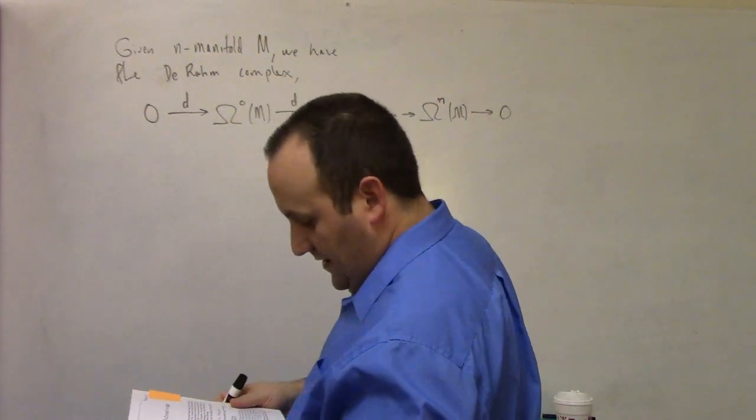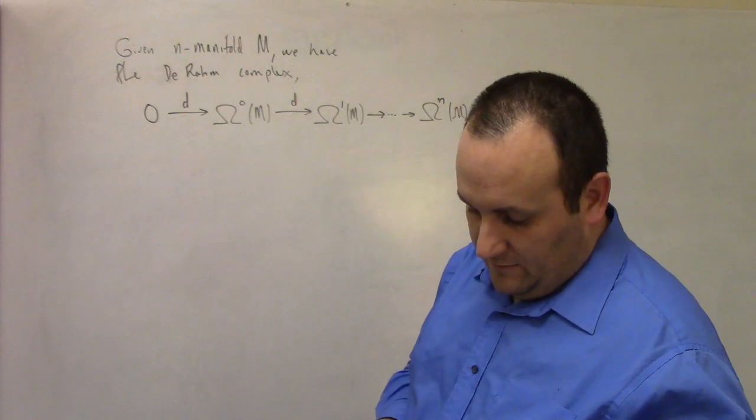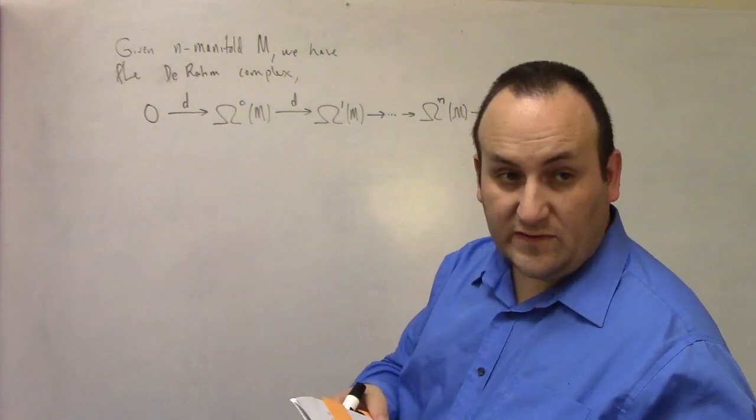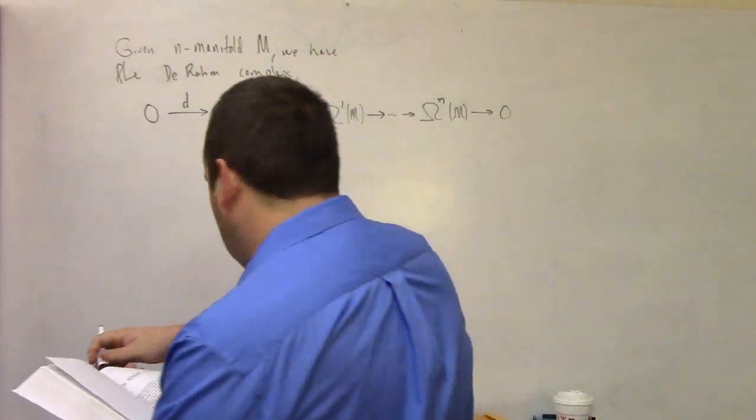So this sequence of maps is called the de Rham complex, and we can define de Rham cohomology groups by quotients of the following, the usual thing.